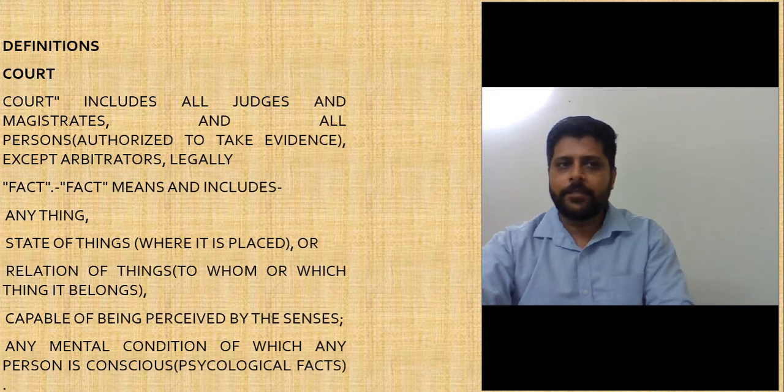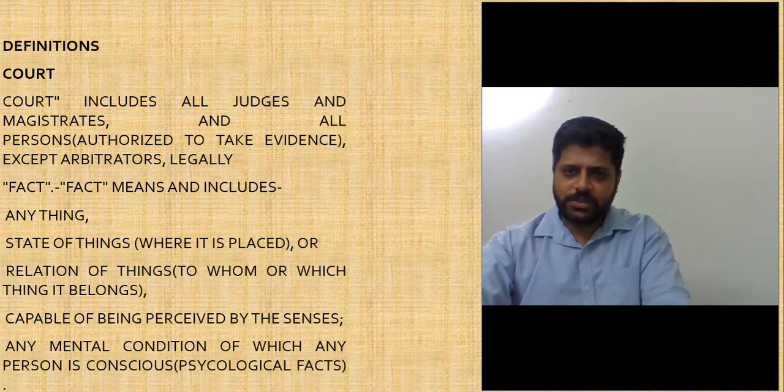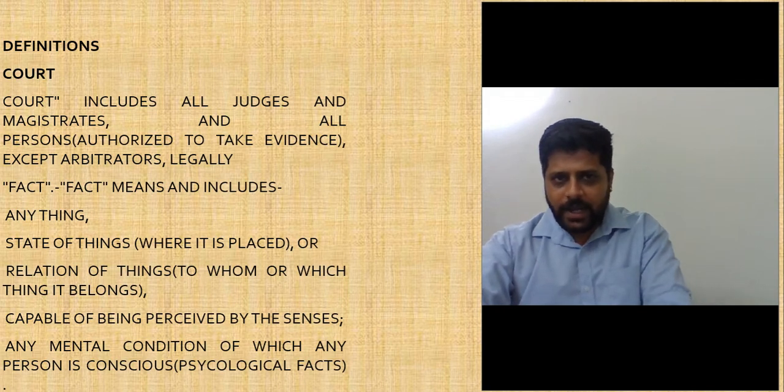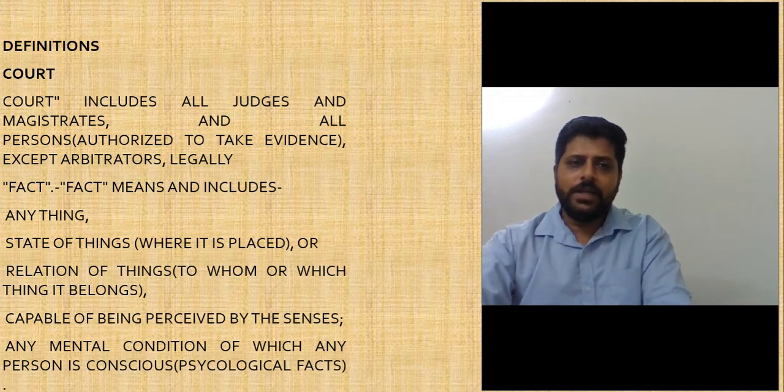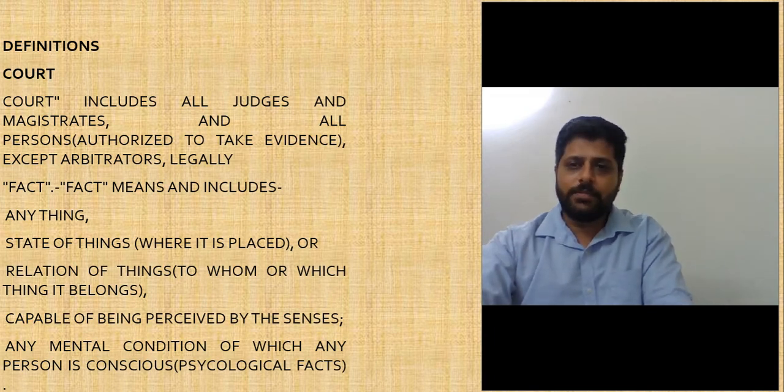they are not required to follow the strict rules of the Indian Evidence Act. So in this definition, court includes all judges and magistrates, and all persons who are authorized to take evidence. What kind of persons can that be?